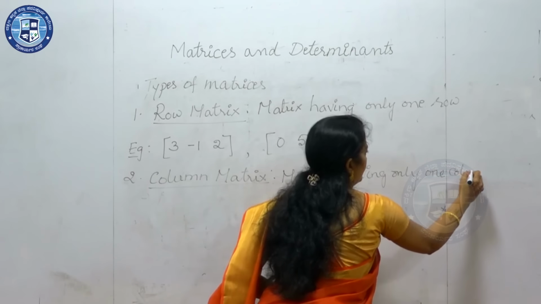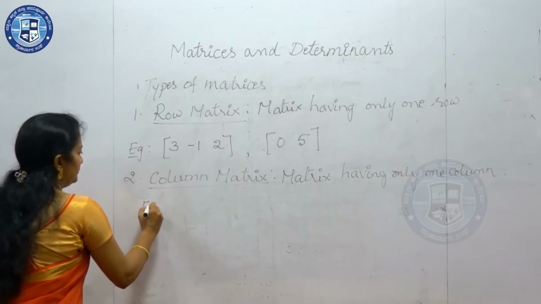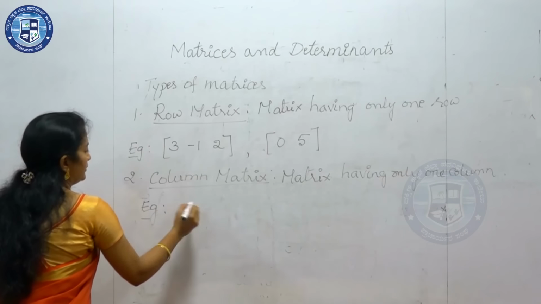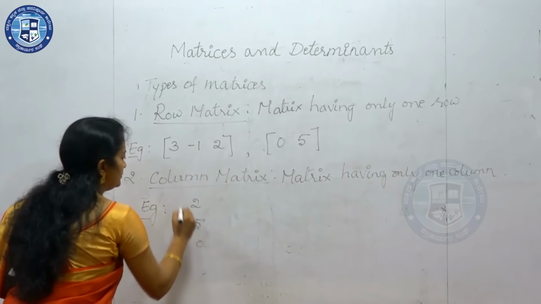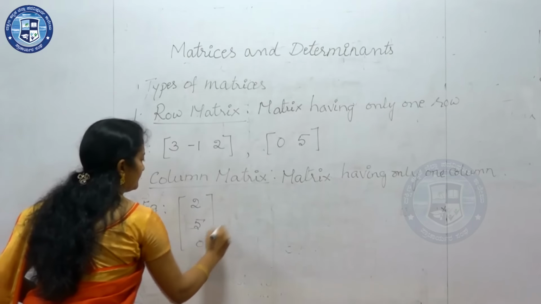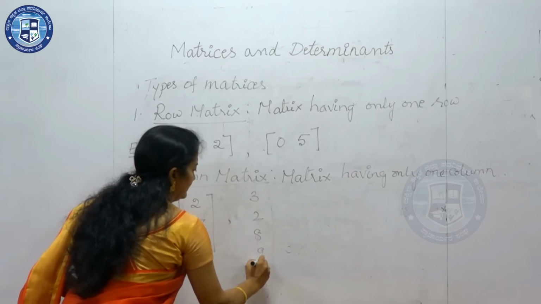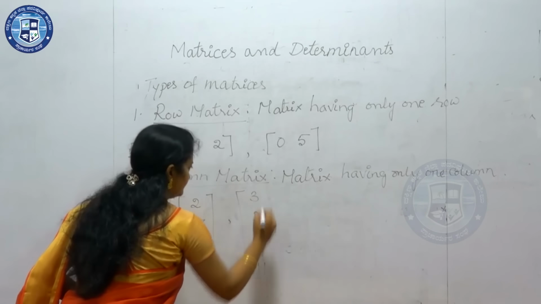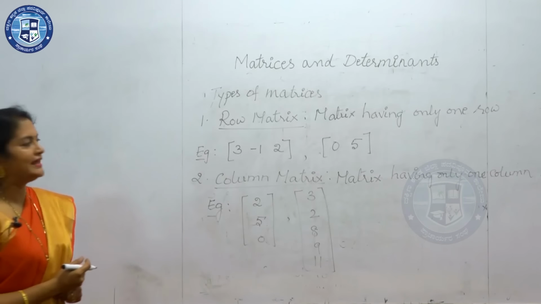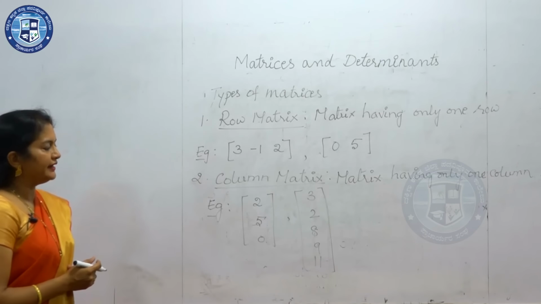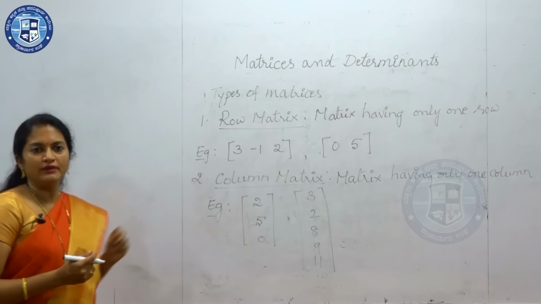Example, 2, 5, 0, and 3, 2, 8, 9, 11. We can give these as examples of column matrix, and these are the row matrix and column matrix.